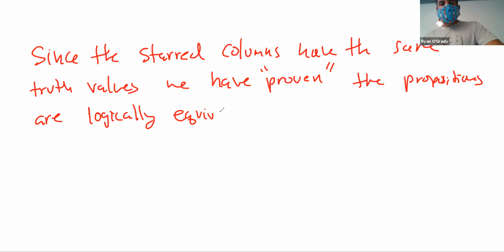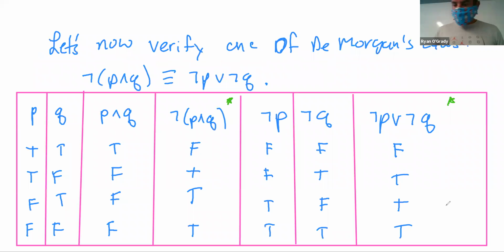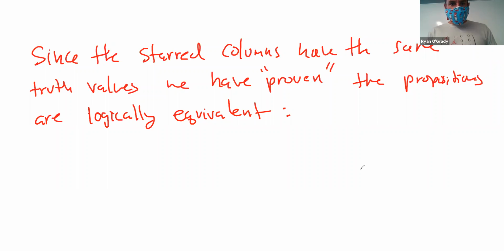So if you want to write it in symbols one last time, we could. We proved that not (P and Q) is logically equivalent to not P or not Q.